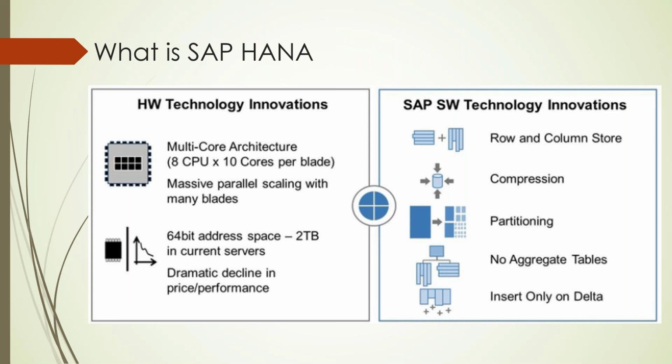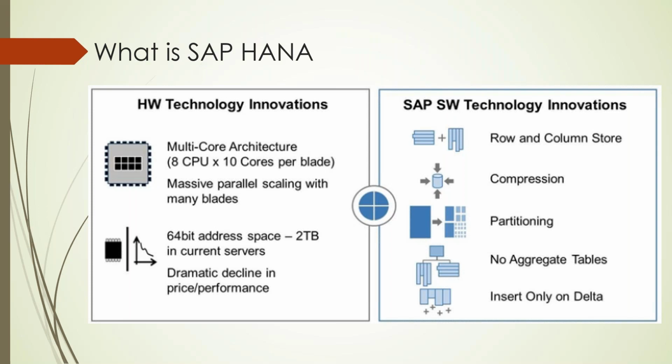If you look at the hardware side, there has been a lot of innovation. For example, about 10 years back, our laptop or desktop had RAM in MB, sizes like 256 or 512 MB. But now in our laptop or desktop, we can have up to 32 GB of RAM.